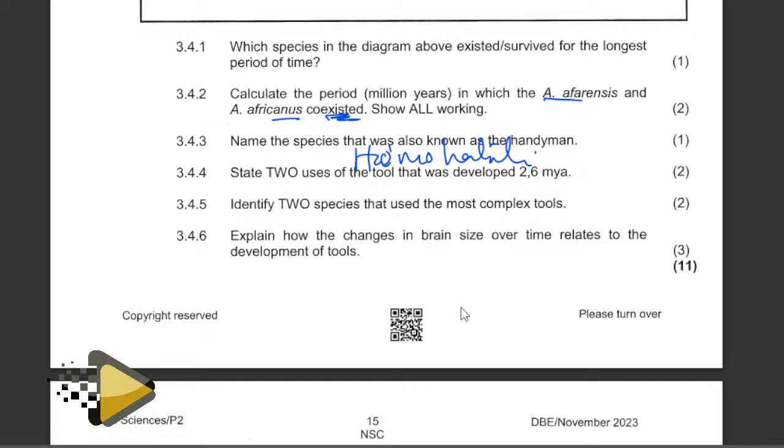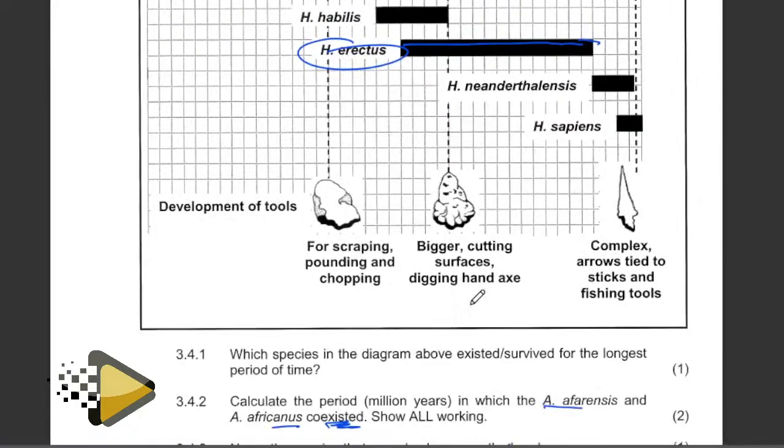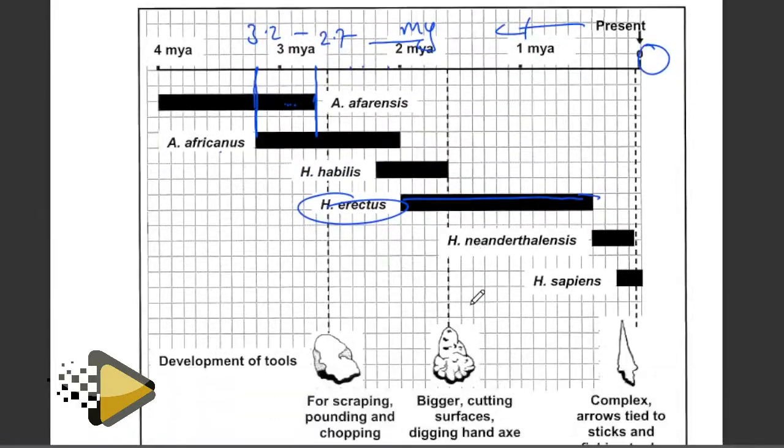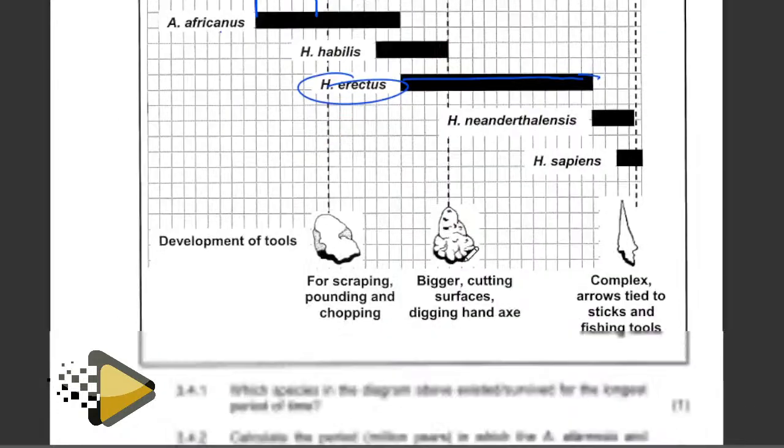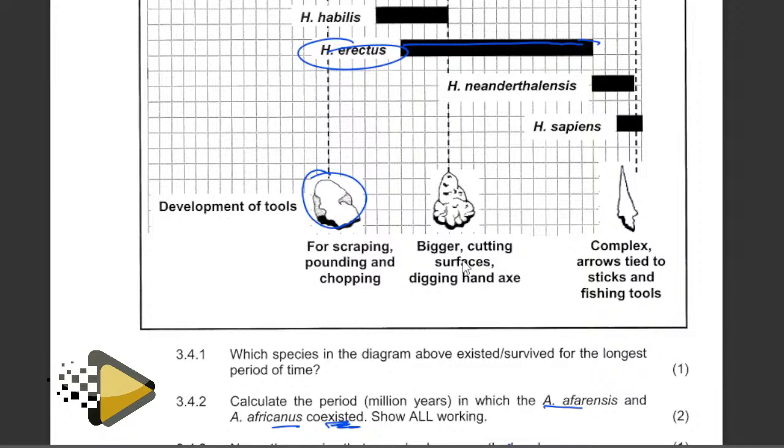State 2 uses of tools that was developed 2.6 million years ago. So it's 2, 1, 1, 2, 3, 4, 5, 6. So it's this one. Yeah, the other one, tools.